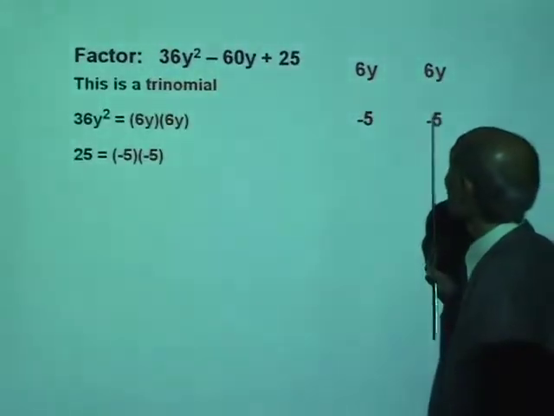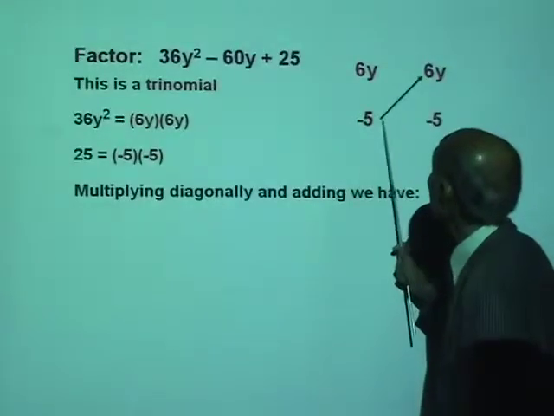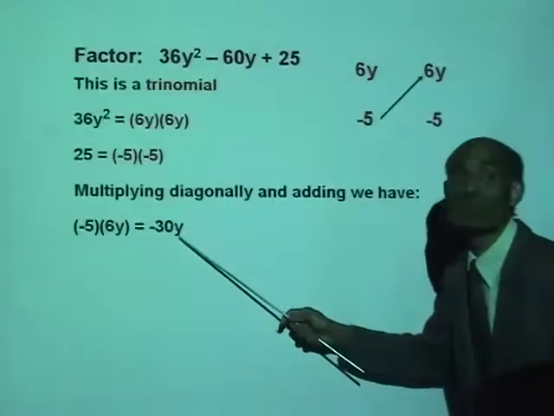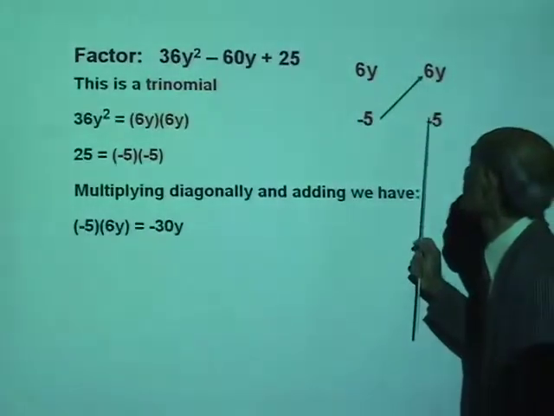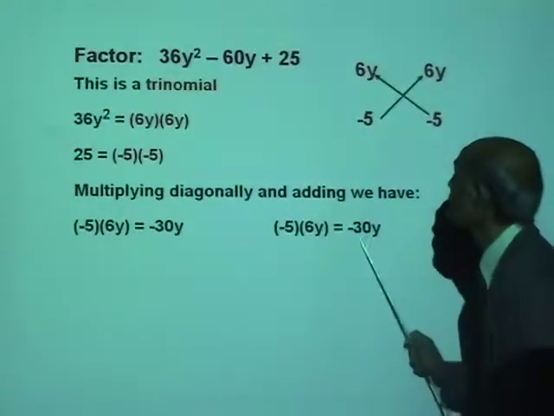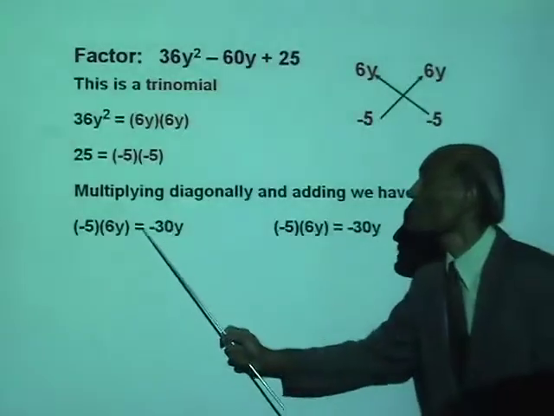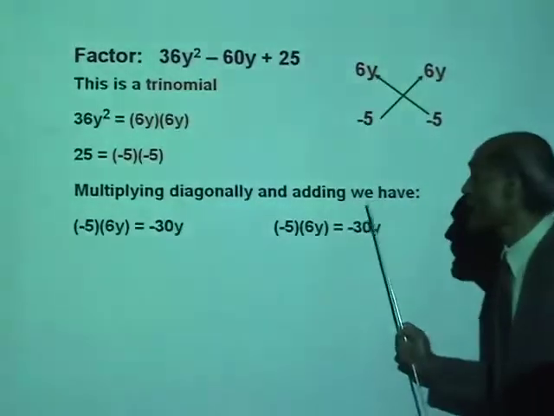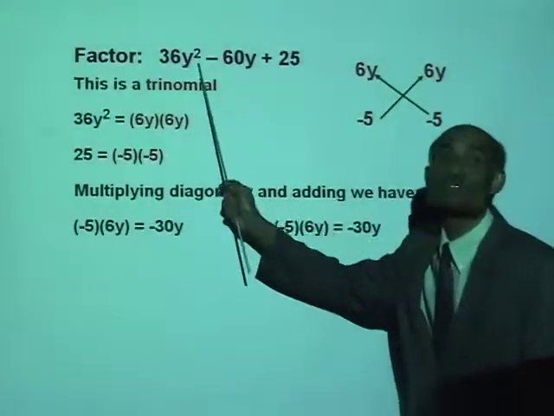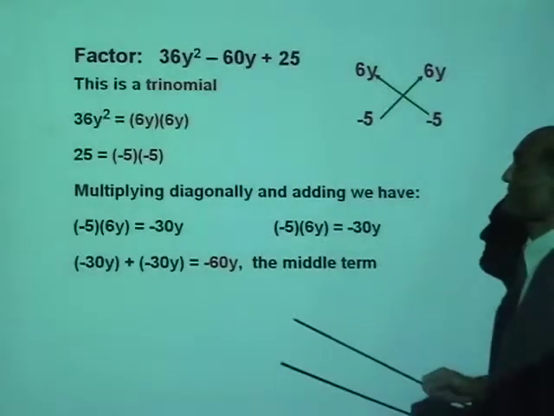Alright, let's multiply diagonally. Negative 5 times 6y is negative 30y, and this negative 5 times 6y is also negative 30y, and add them together, negative 30y added to negative 30y gives you negative 60y. And therefore, what are the factors?